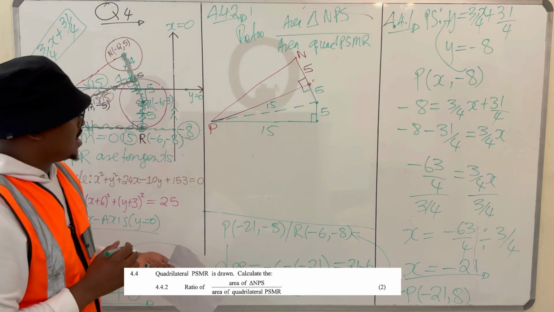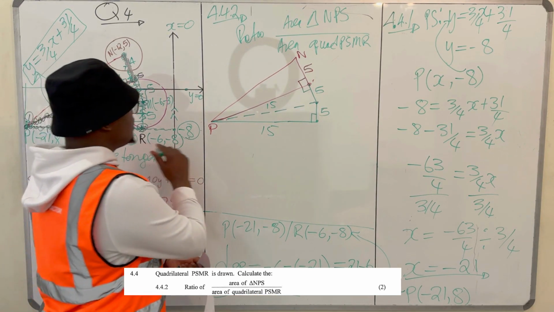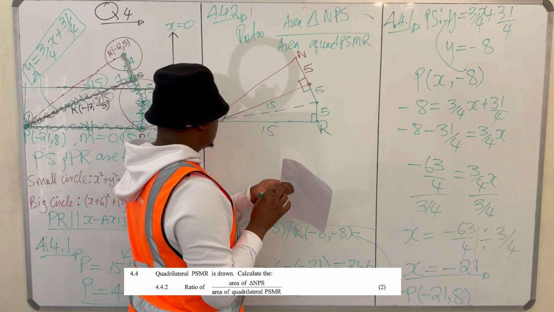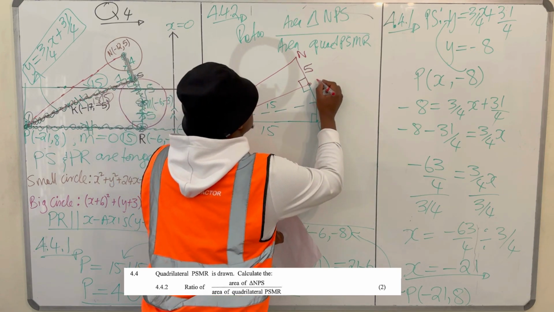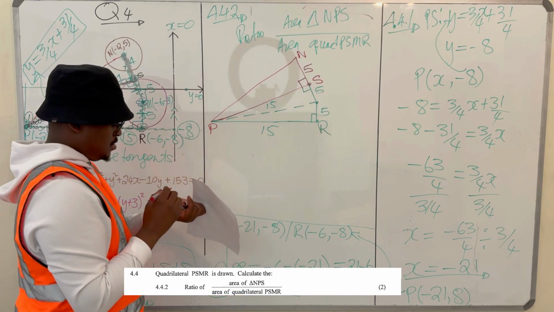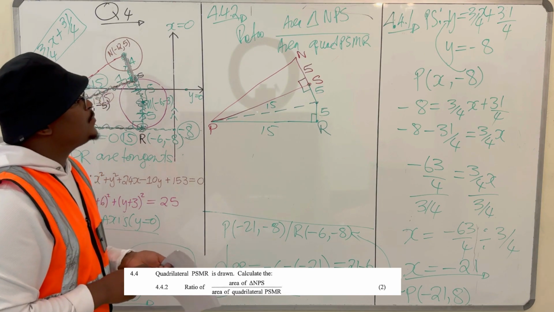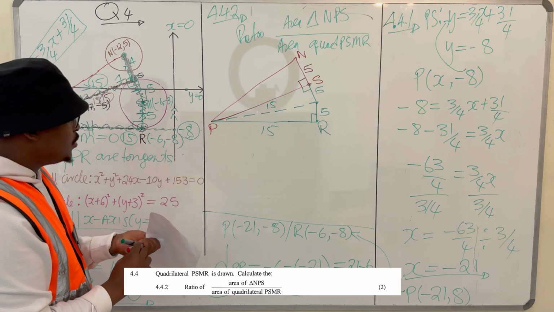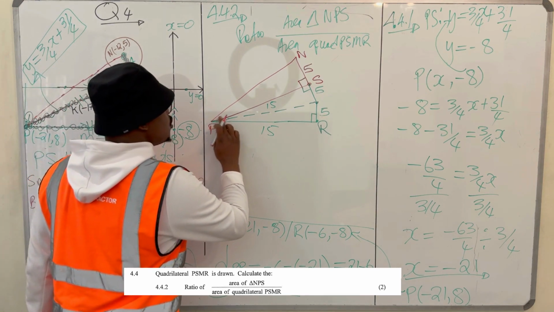You've divided the kite now. And this point down here is R, and this point here is S according to this diagram. So this should be S here. No problem.